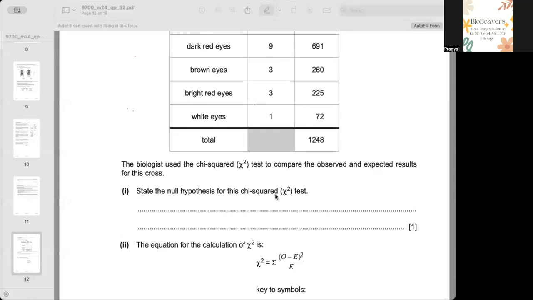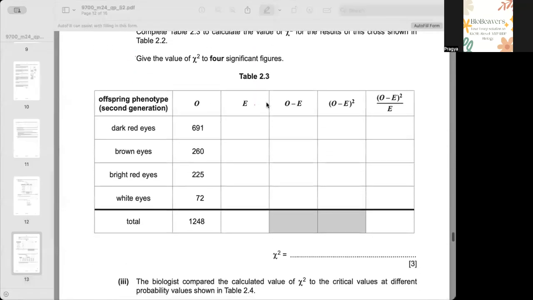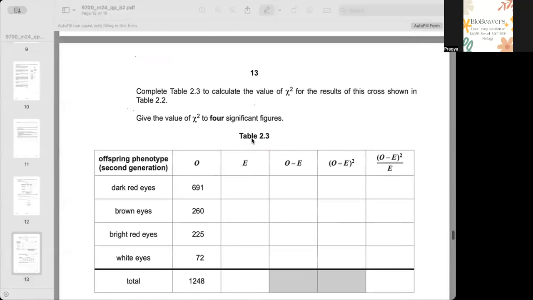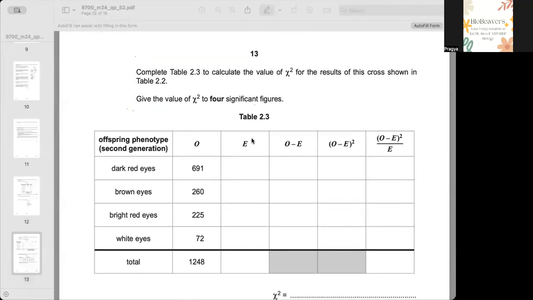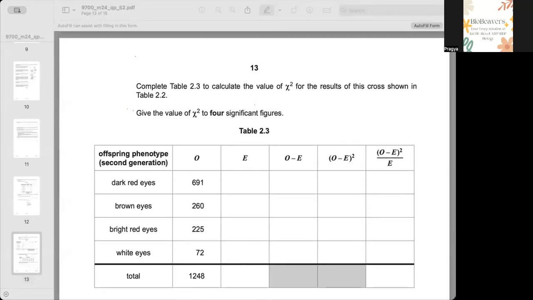And already we can see the formula which is coming in. We have the chi-square formula which is given to us. Now, how do we start calculating each of these values? As I clearly pointed out, our total progeny number is 1248. That's what we start from. And we have to divide this 1248 multiplied by 9 upon 16, because the total number is 9 is to 3 is to 3 is to 1.